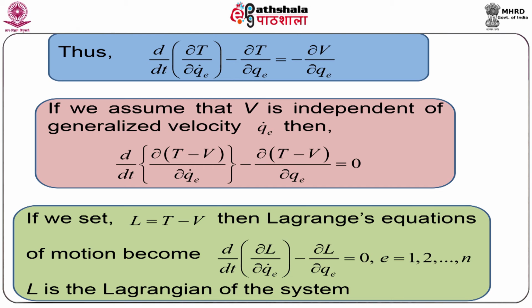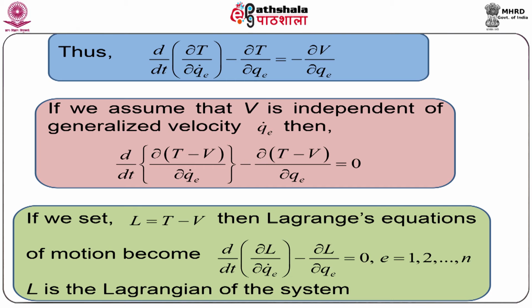So this equation can be rewritten like this. If we set T minus V equal to L, which is the Lagrangian of the system, then the above equation can be written as d/dt of ∂L/∂q̇_e minus ∂L/∂q_e equal to 0.